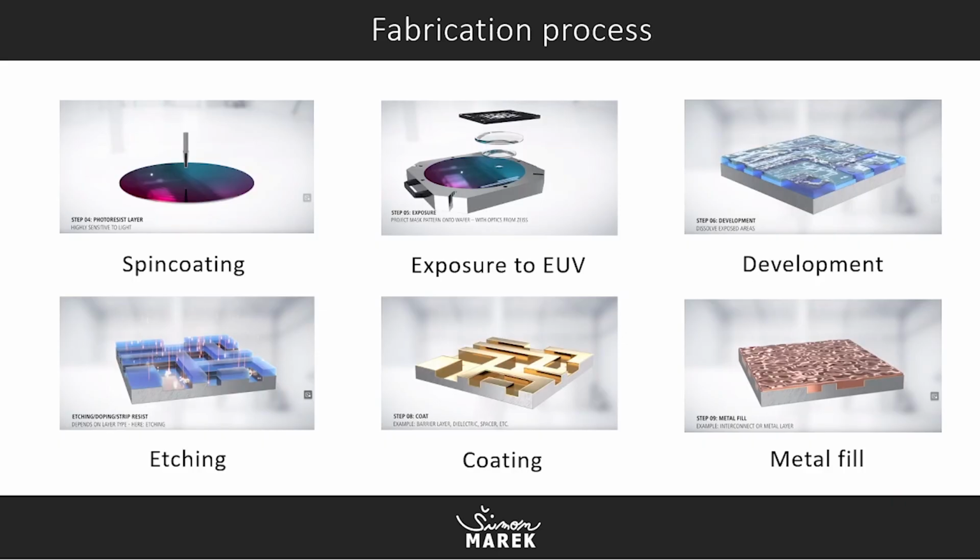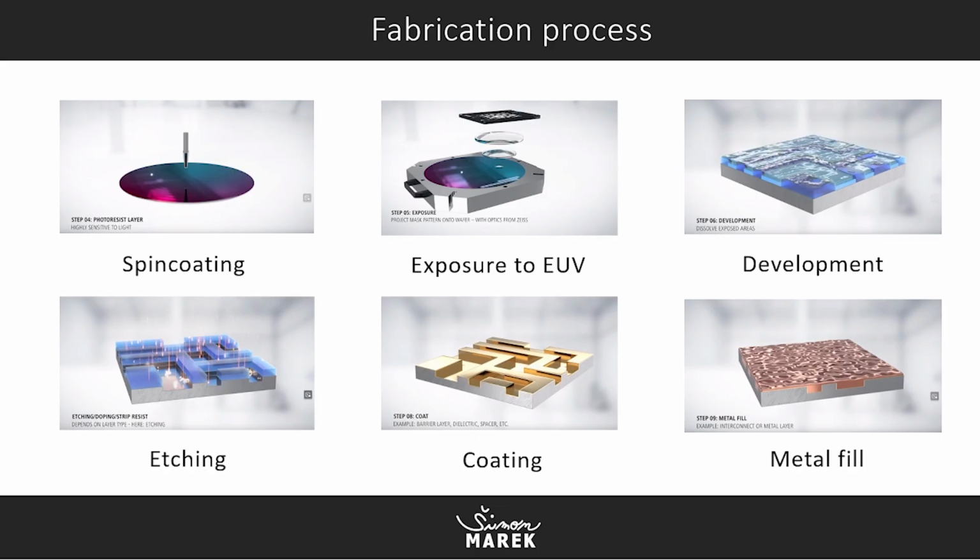Here we have the fabrication process, which starts with preparation, then spin coating. We spin coat at 9,000 RPM to have a very uniform coating, and we apply a photoresist layer.